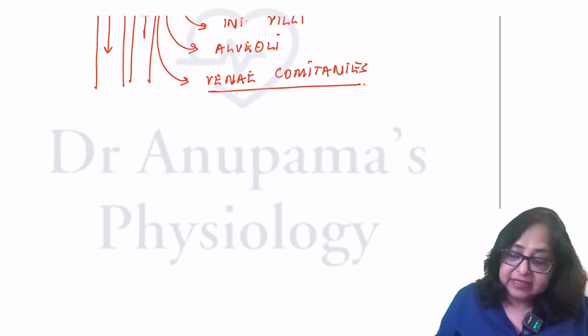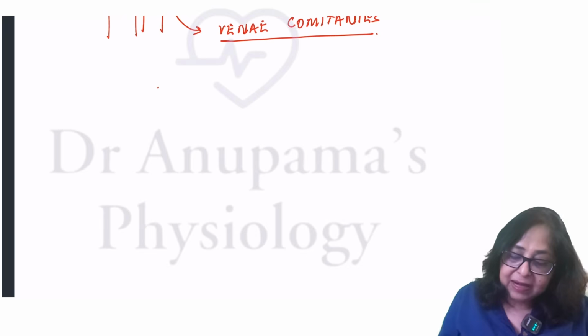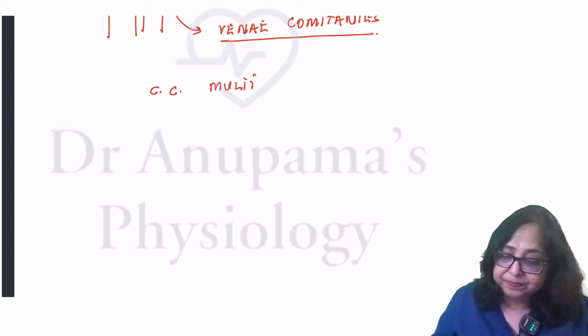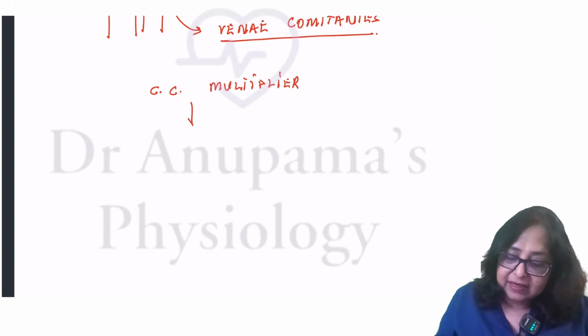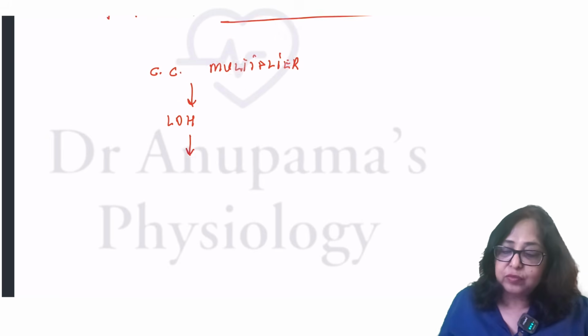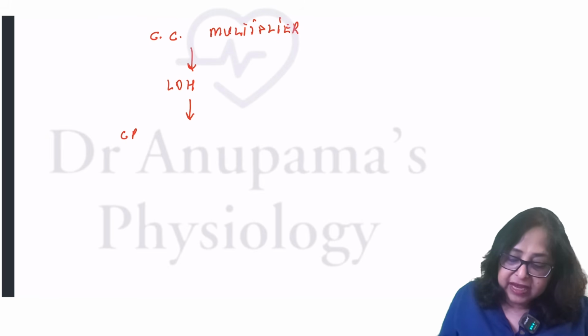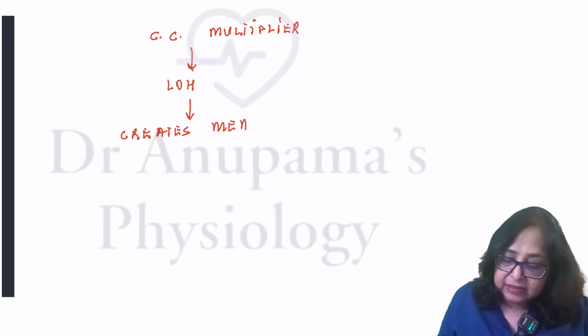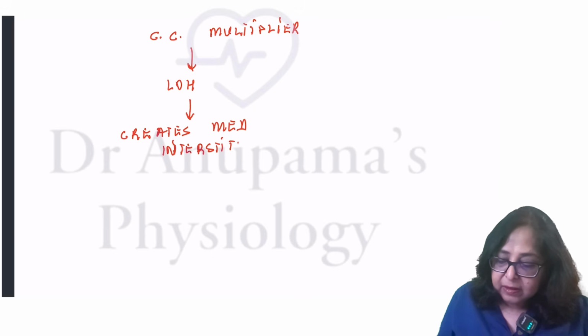Now, the countercurrent in the kidney, you have a countercurrent multiplier and a countercurrent exchanger. Now, which is the countercurrent multiplier? Countercurrent multiplier is the loop of Henle. And what is the role of the loop of Henle? It creates the medullary interstitial hyperosmolality.